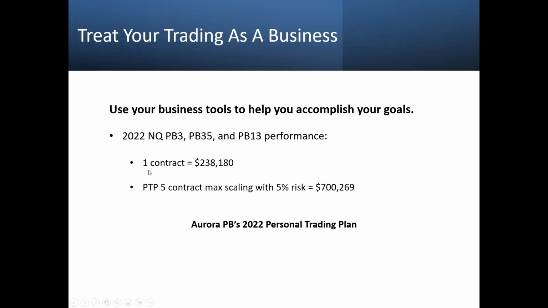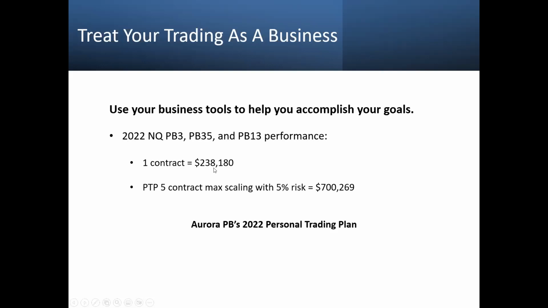And you can see, again, we talked about in 2022, the PB signals, which is the PB3, PB35, and PB13, one contract, no scaling at all, was $238,000 of profit opportunity.